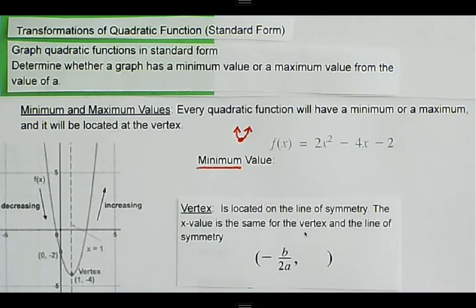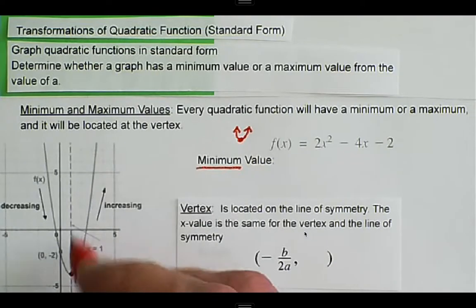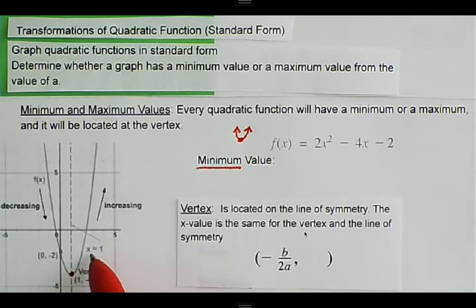And the minimum is always going to be on the line of symmetry. So here we have that line of symmetry of x equals 1 that we calculated before. We're going to use this value, x equals 1, the line of symmetry, and that's going to help us calculate what our vertex should be. So the vertex is located on the line of symmetry.